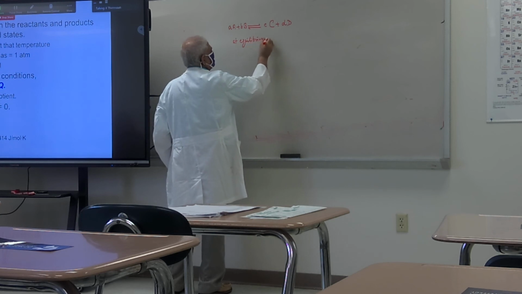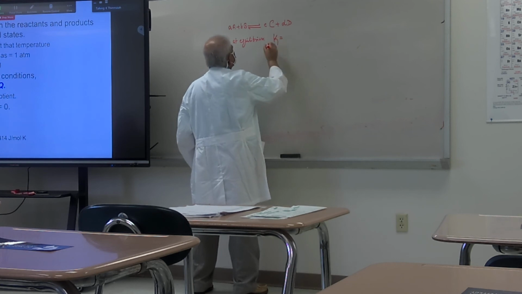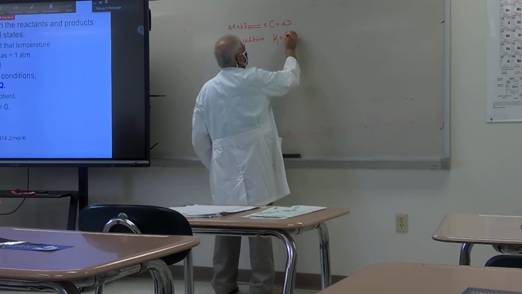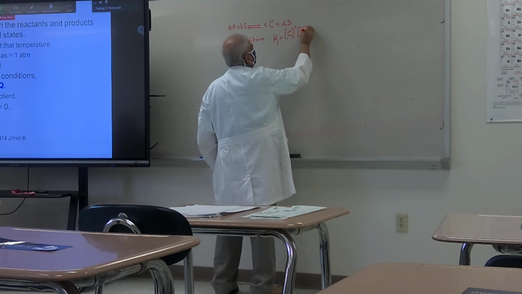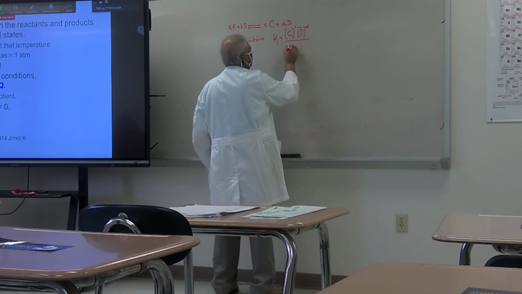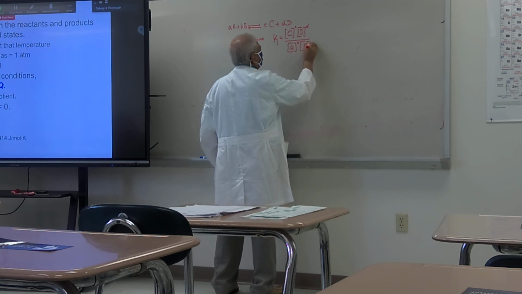the law of mass action equation is, you are going to write this as K equals the molar concentration of C to the power of c, the molar concentration of D to the power of d, over the molar concentration of A to the power a, and the molar concentration of B to the power b.